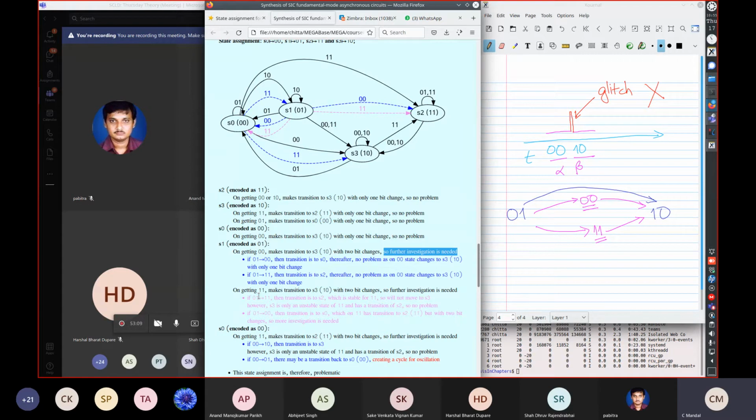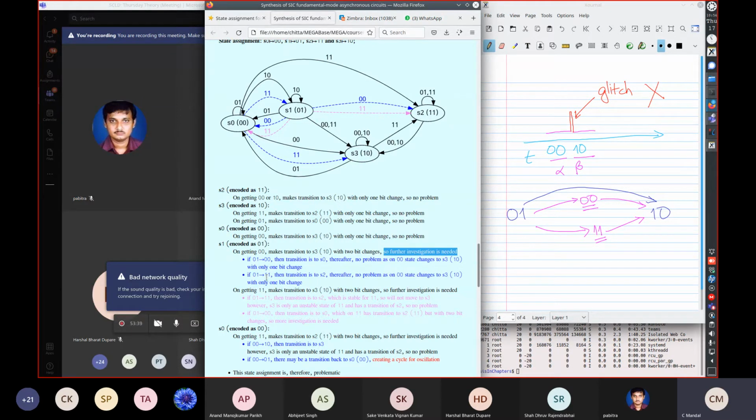We are basically at the end of the class, but I think we can see at least one. Suppose you get 1, 1. So on 1, 1 also you have this change from 0, 1 to 1, 0. So let us see what happens.